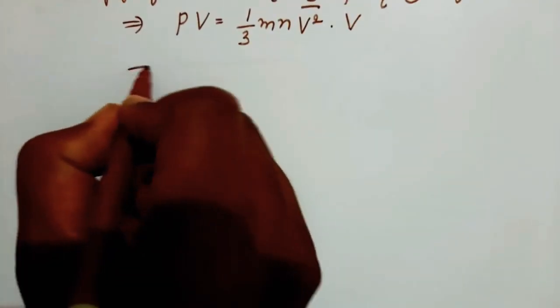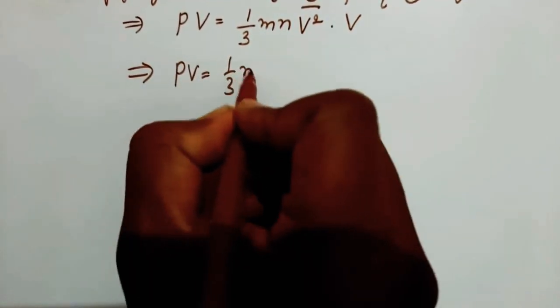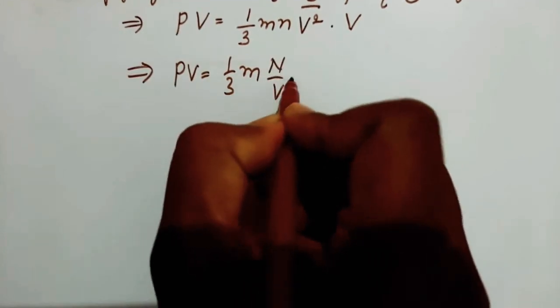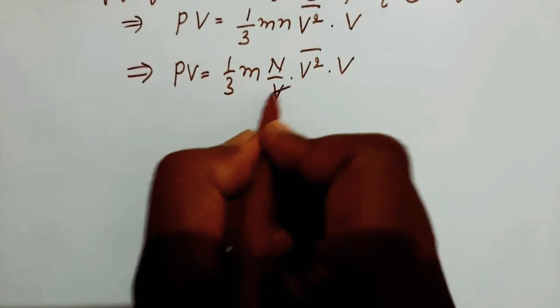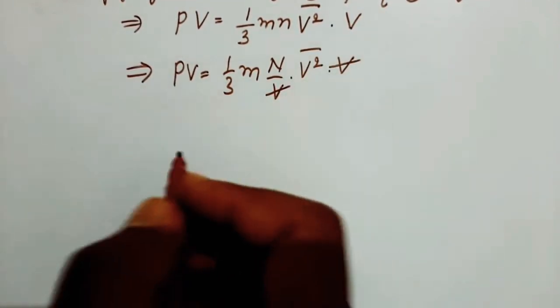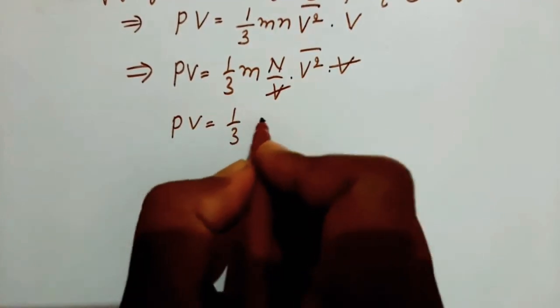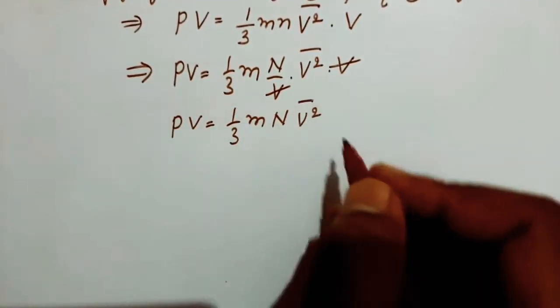That is, PV = 1/3 m (N/V) v² bar into V. Here the volume cancels. So the remaining terms are PV = 1/3 mN v² bar.